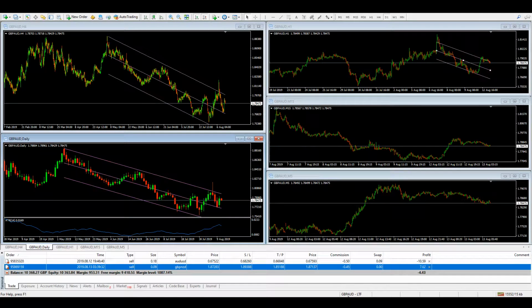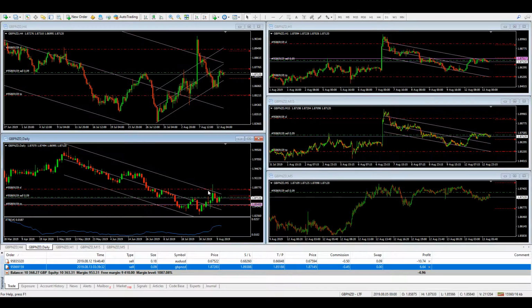Sorry, GBP/NZD. So just look at these charts, very similar. You can see that spike that we've got there. It's not exactly the same, but you can see this movement down that we've had.